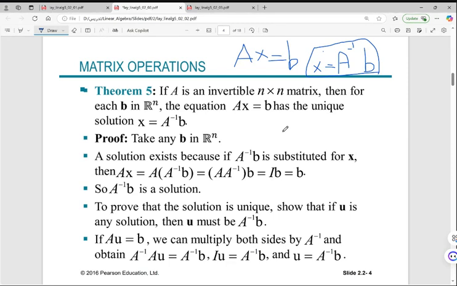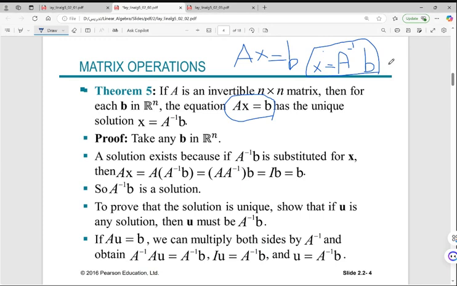So let me say this again. We have a system of linear equations like this, Ax equals B. If A is an invertible matrix, then for every B, Ax equals B has a unique solution.